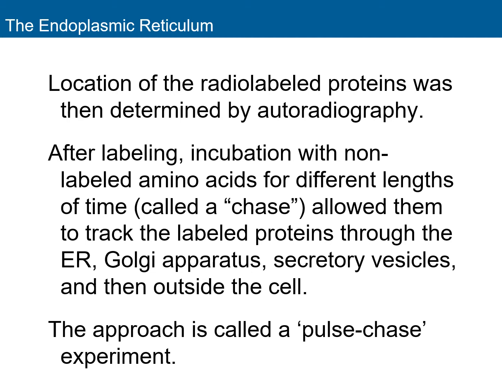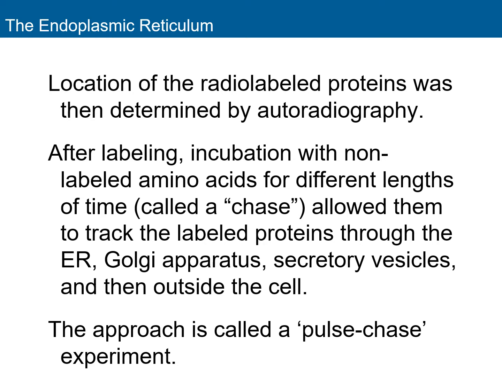The experiment that they did is called a pulse chase experiment, and a pulse chase experiment is based on feeding the cells with radioisotopes of amino acids and then following the proteins that are produced inside the Golgi and the endoplasmic reticulum, and seeing where they go. So initially they would feed the cells with radio-labeled amino acids, and then they would stop doing that.